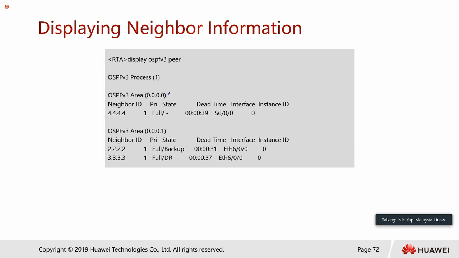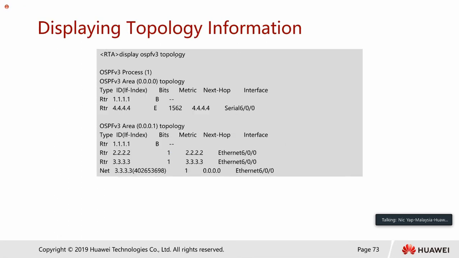And also you can check the OSPFv3 topology. You can check on the topology that on router A, I have 1 point-to-point and 1 transit. One is on the serial interface, one is on the Ethernet interface. So I have 2 locations, and I can know what information belongs to what. I have 1 point for router A connecting to router 4444 using the serial 6/0/0 interface.